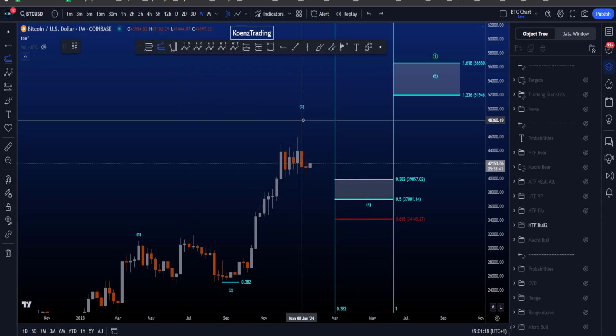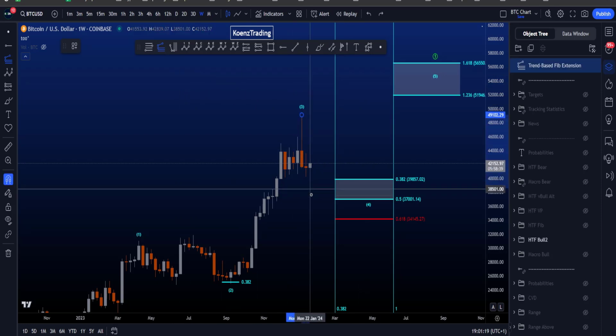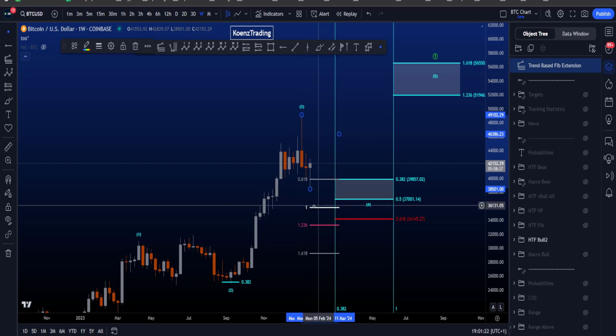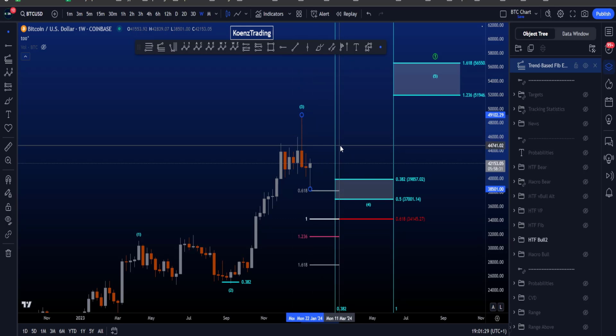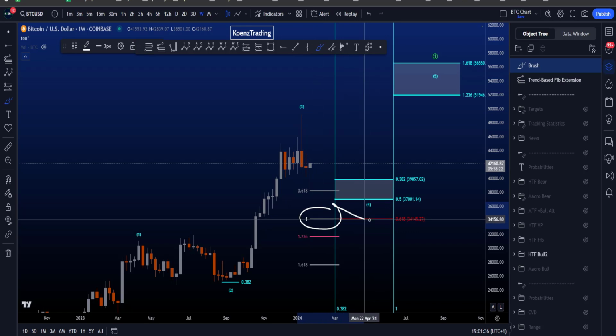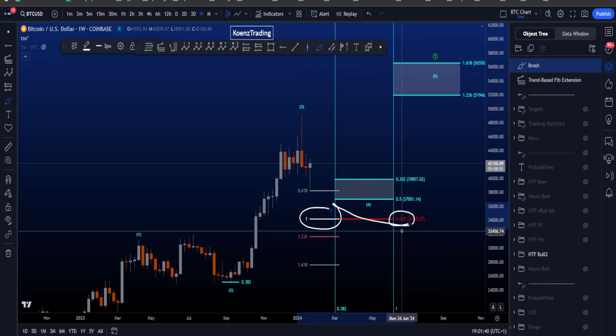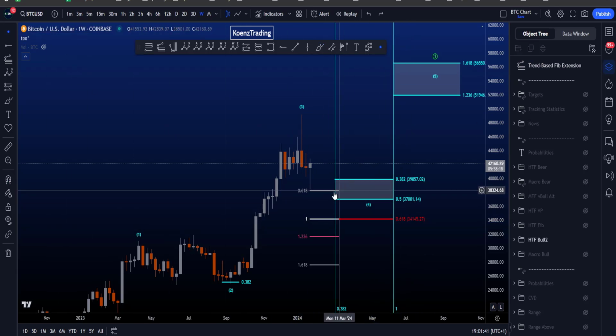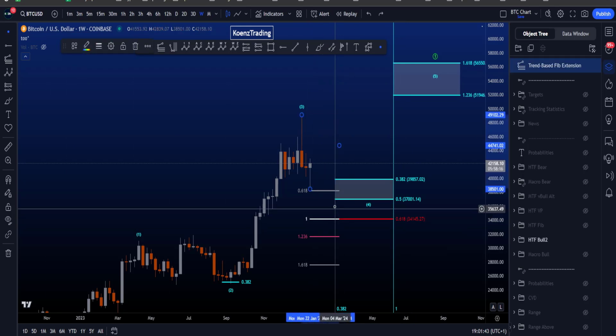If we take a trend-based Fib extension from the high to the current low that we have, and we toggle on the wave C most common target area, which is between the 1 and the 1.236, then you can see that price retracing to 44.7k is not enough for this wave 4, because now the 1-to-1 is in direct confluence with the 0.618, which is of course not what we like to see in this scenario, as the 0.618 is an invalidation for a wave 4.